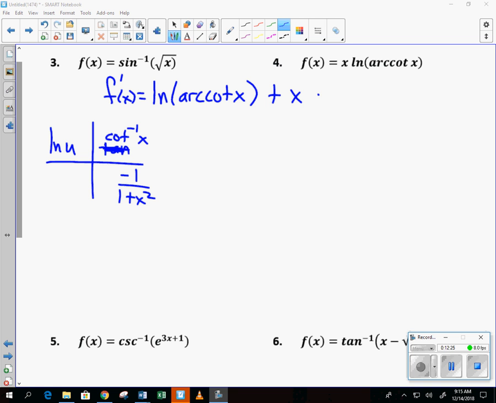What's the derivative of natural log of u? 1 over u. So when I multiply these together, I get a negative 1 over cotangent inverse of x, or arc cotangent, times 1 plus x squared.